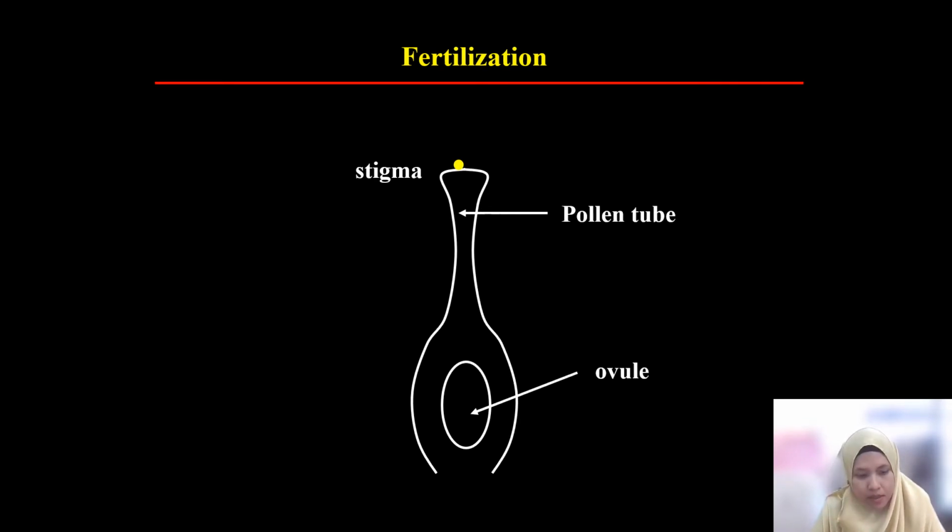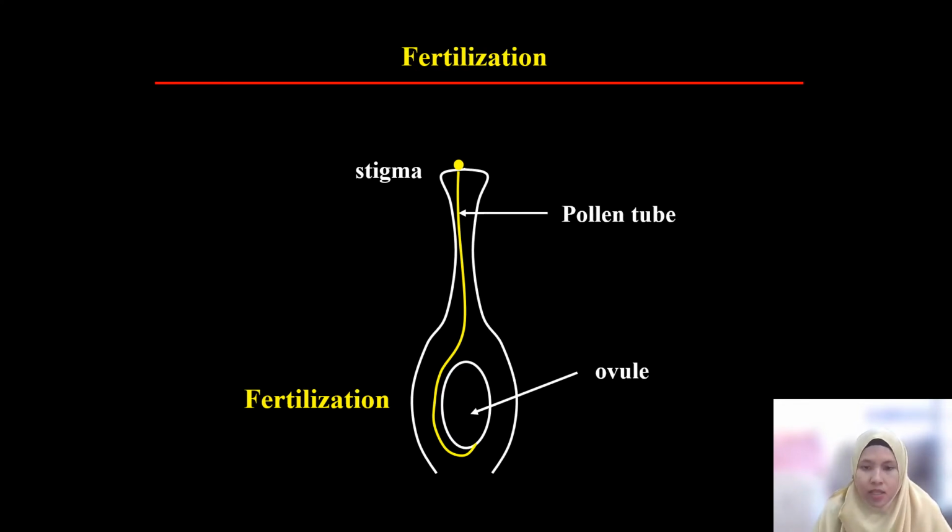The sperm cells stick to the stigma, then travel through the pollen tube, and go into the ovule or the embryo sac, and this is where the fertilization occurs. Once the egg is fertilized by the sperm, the embryo will develop within the female gametophyte, the embryo sac, and this ovule will later become a seed.